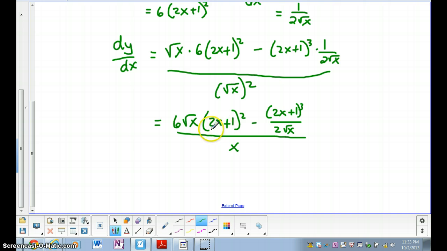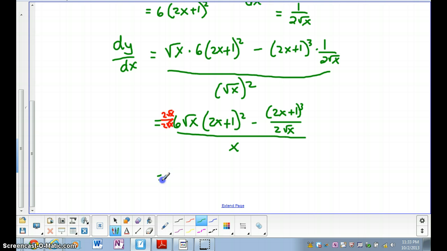Okay, so remembering back from last unit, we cannot leave this numerator this way. So we will have to combine our numerator. So our common denominator would be 2 square root of x. So on this side, I will need to multiply by 2 times the square root of x over 2 times the square root of x, so that they will have a common denominator.